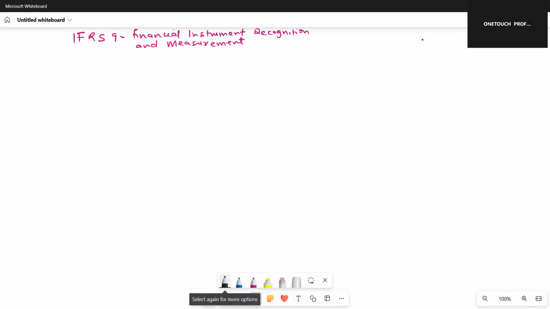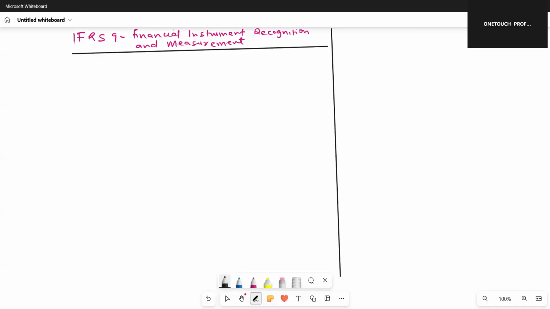There are a lot of things that go into this. We want to look at the first aspect. That is, after today's class, you should be able to identify the various classes of financial assets.